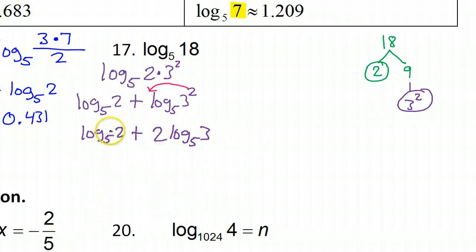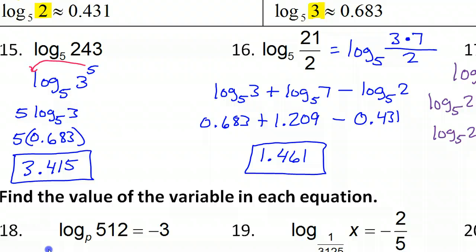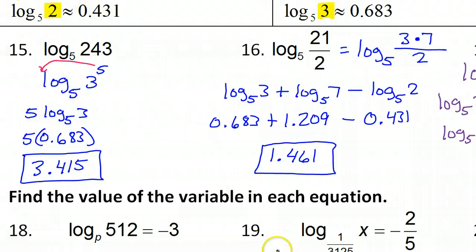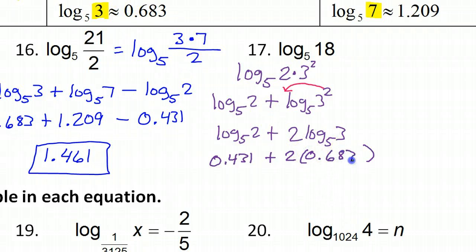It's no different. Anyway, log base 5 of 2, we know that that is 0.431. And log base 5 of 3 is 0.683.